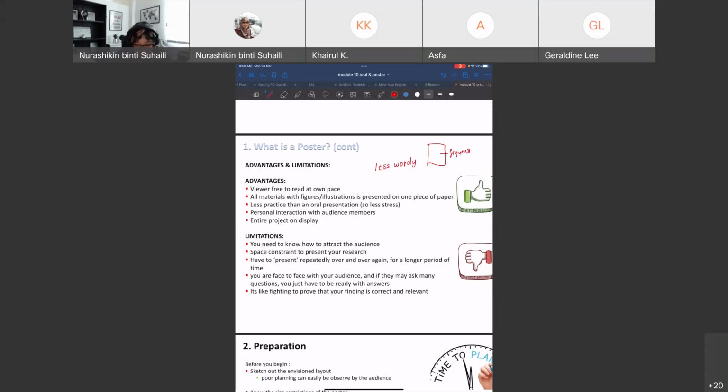If you are going to a conference, presenting a poster is less stressful than presenting orally. This is just for the experience of the presenters during the conference.